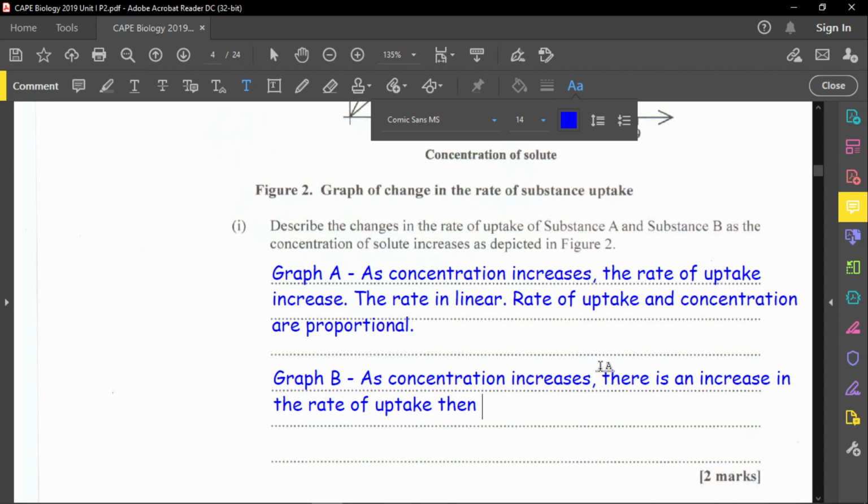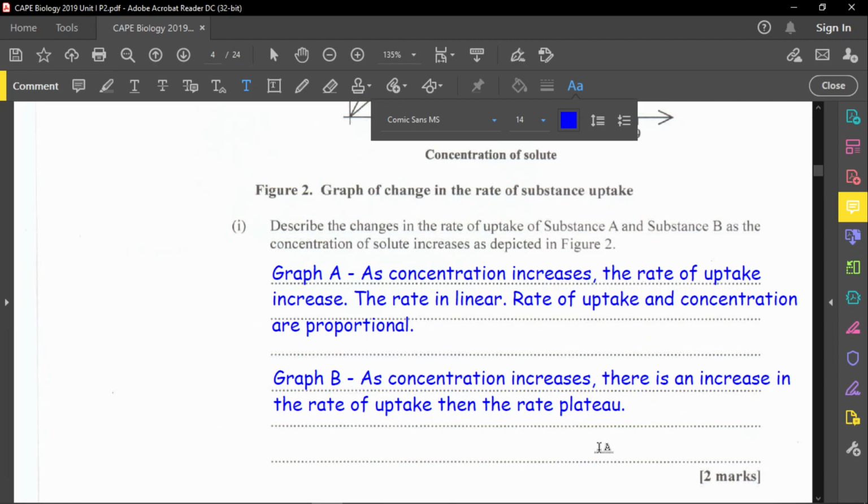Then the rate will plateau. This simply means that after a period of time, when you reach the maximum amount that can go in at a particular time, it maintains that maximum rate. Because remember, it depends on the amount of channels present. If you only have 3 channels, for example, the 3 channels can only take in so much and no more at a particular time.